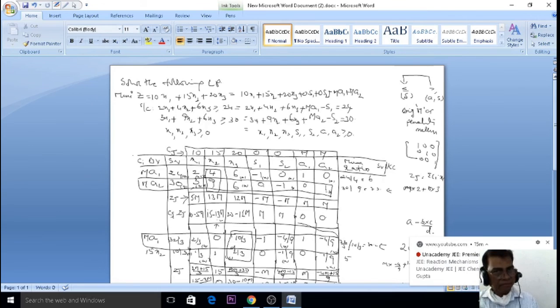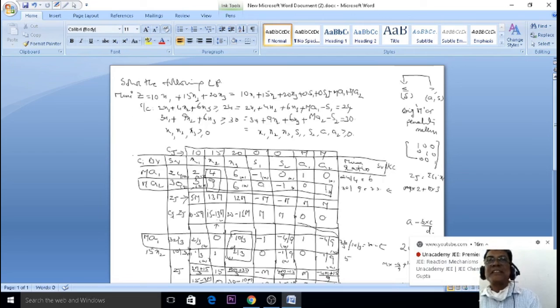Same thing. Apply our previous condition. Don't change our policy. The basic concept is the same, whether it is maximization or minimization. Only the presentation is different. Maximization this policy, minimization this policy.